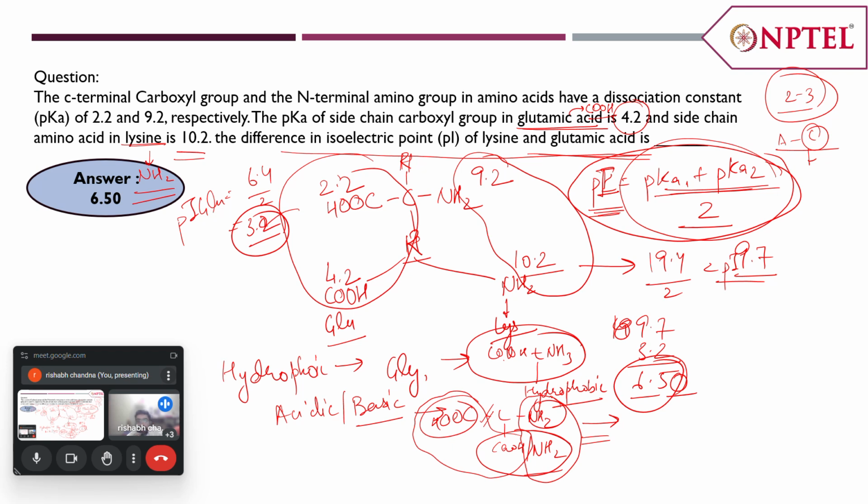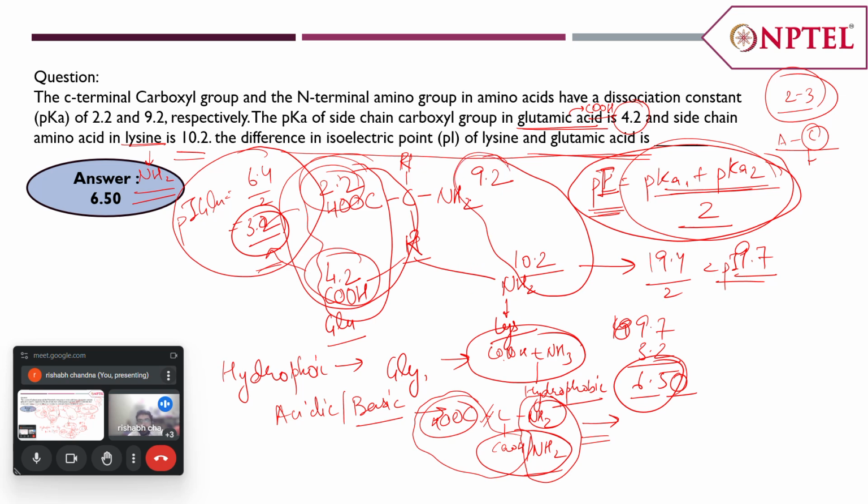Okay, so here we calculated the glutamic acid pI on the basis of the carboxyl groups. Here the pK value of the original carboxyl group was given as 2.2 and for the side chain it is given as 4.2. So if we take the average, it is around 3.2. So this is the pI for glutamic acid. Now a similar case with lysine also.